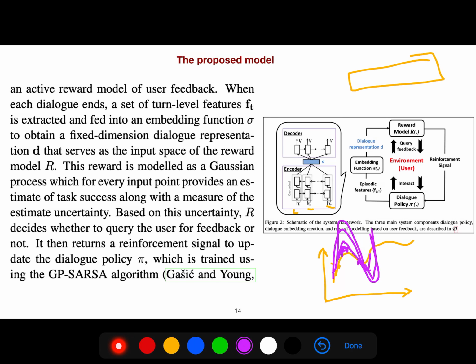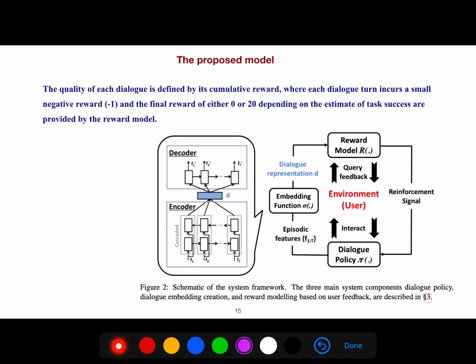I've used this Gaussian process in my article for a Bayesian approach to graph partitioning, and that's why I really like this Gaussian model. So the quality of each dialogue is defined by its cumulative reward.